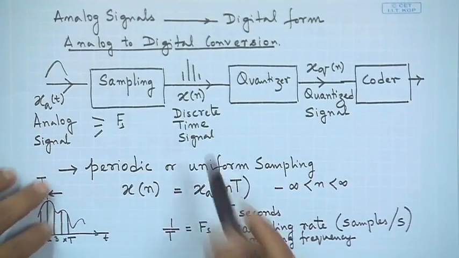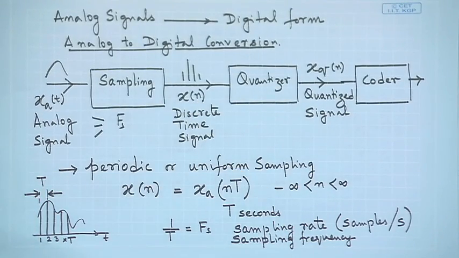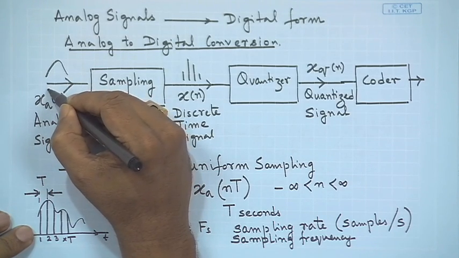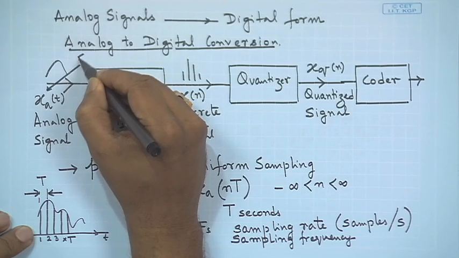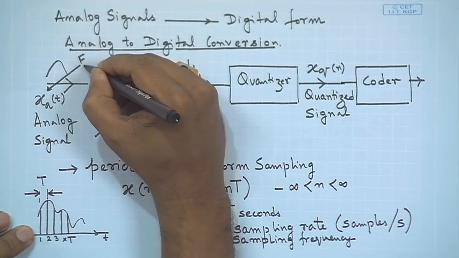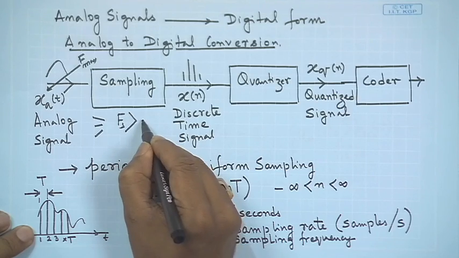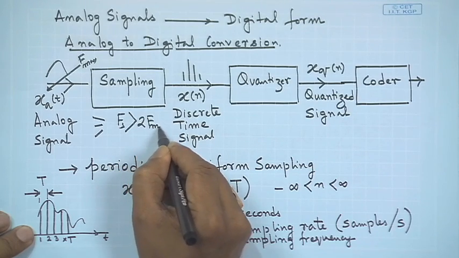In the next lecture, we are going to discuss how to take these discrete time signals. That means, we have the signals at this point. Now, we have the signal at this particular point. So, we have been able to do this. So, what we have said is, suppose I know the frequency content, that means I know the f max, then I will choose f s as greater than twice f max.